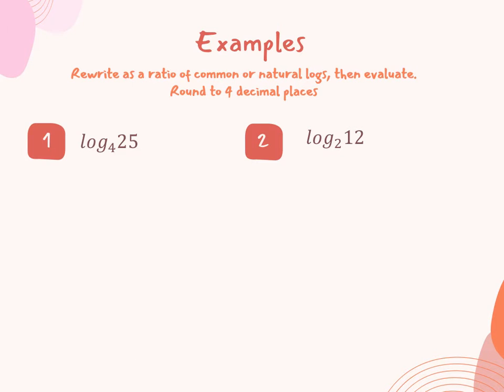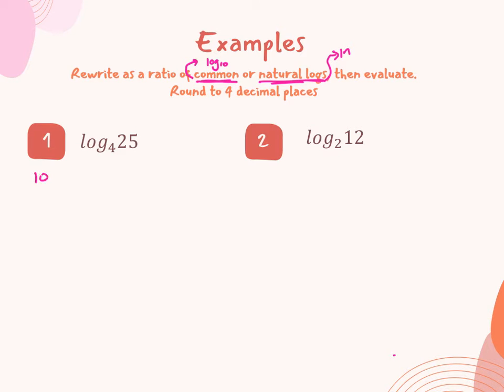So the first example says, rewrite as a ratio of common or natural logs, and then evaluate, and round to 4 decimal places. So the first thing I'm going to do is rewrite it. The common log means log base 10. The natural log means ln, or log base e. So it says or, you could write either one.